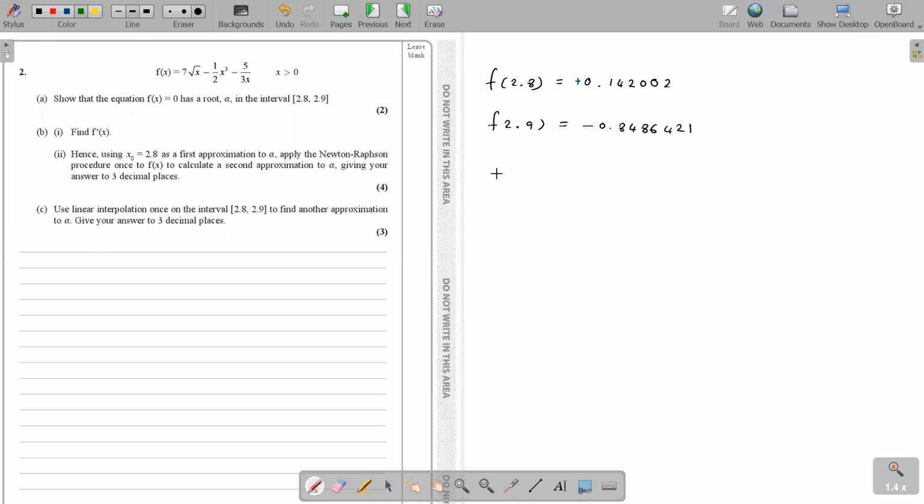So that word is really important. There is a sign change and you must mention that your graph must be continuous in order for there to be a root, and f(x) is continuous, otherwise you don't have a root.